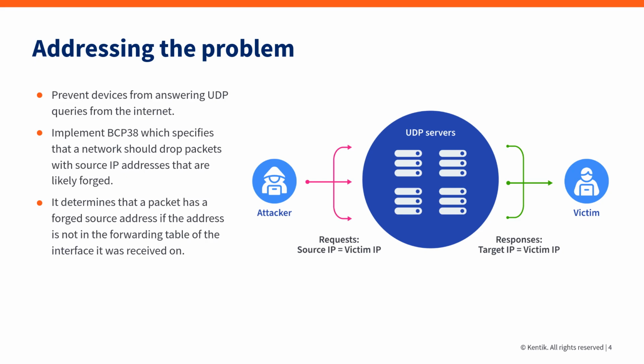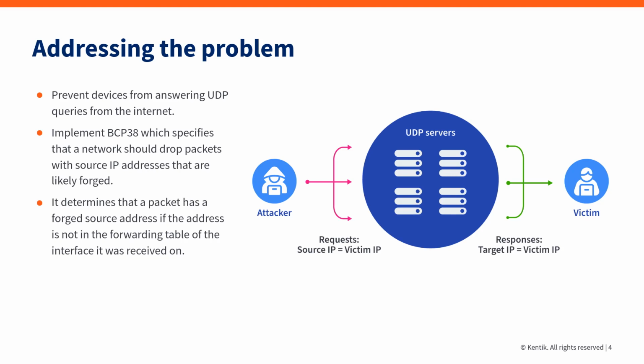BCP 38 specifies how one might determine if traffic is coming from a spoofed source, by identifying the source address of the traffic as it comes in off an interface to a router. If that router would not have sent traffic back through that interface to that customer network, because of the routes that it would forward to that interface, it would be determined that that is spoofed traffic.